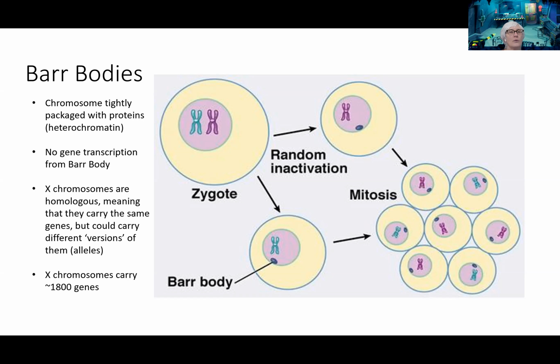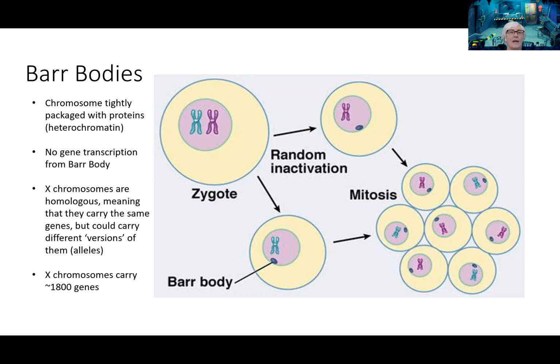We need to turn off transcription from one of those X chromosomes, lest we have too much product from some at least of the 1800 genes that the X chromosome carries.